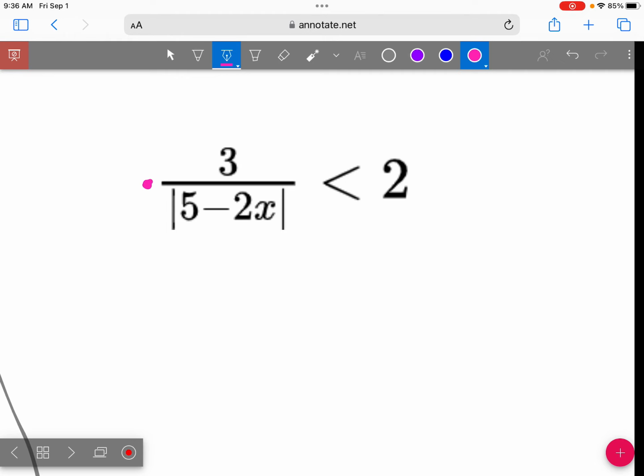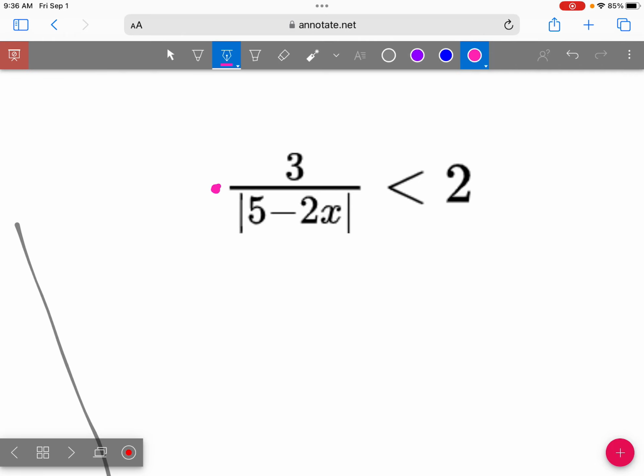Multiply by the denominator. An absolute value is never negative. So we can multiply by this and not have to change our sign. Right? Because we're not multiplying by a negative number, because it's an absolute value. So it's totally valid to do this. 5 minus 2x times the absolute value of 5 minus 2x.